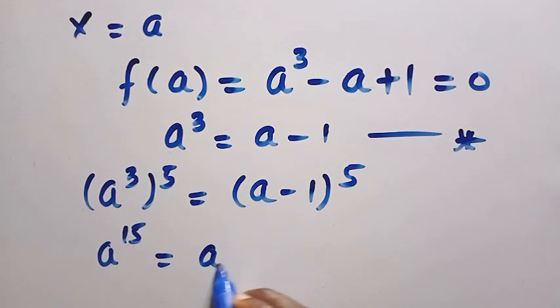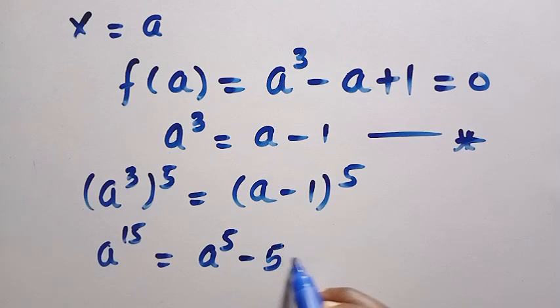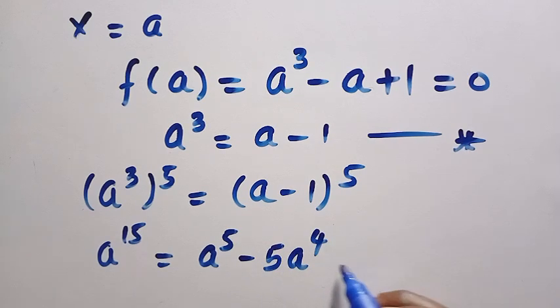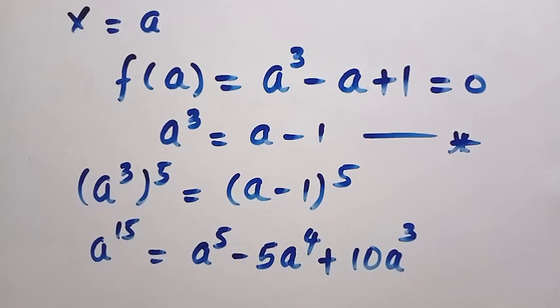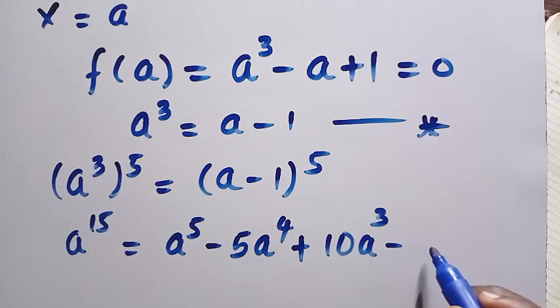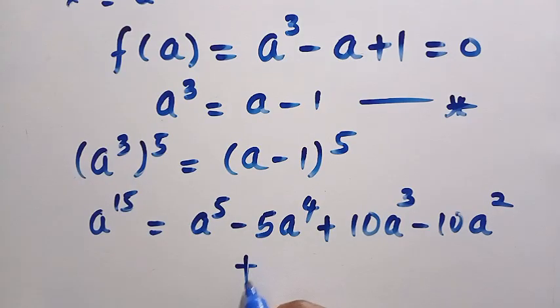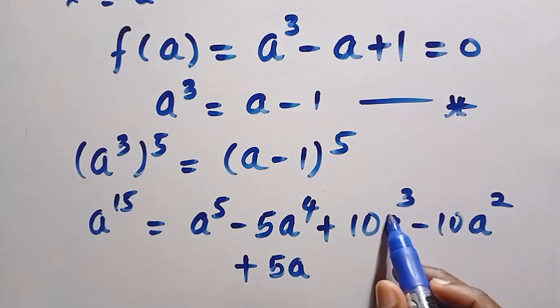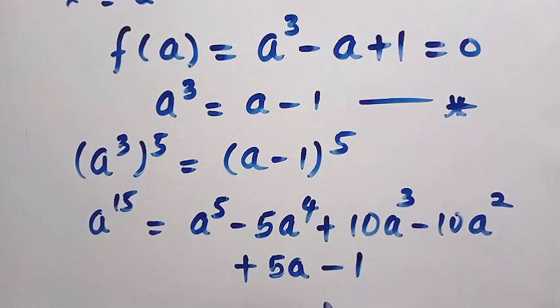When we expand this, we get a raised to the power of 5 minus 5a raised to the power of 4 plus 10a raised to the power of 3, minus 10a raised to the power 2, plus 5a, minus 1. So this is what we get from these expansions.